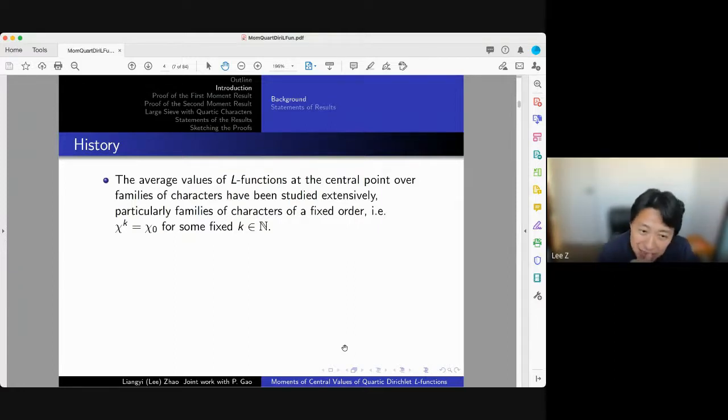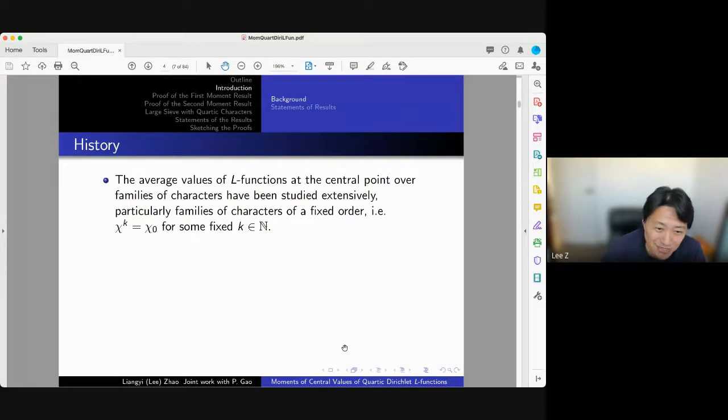Particularly, families of characters with fixed order. I started this talk by saying that chi started out its life as a homomorphism from Z mod Q, Z star, to C. It can be thought of as a homomorphism on a finite group to C. All of these homomorphisms form a group, and it is a finite group as well, so they have finite orders.